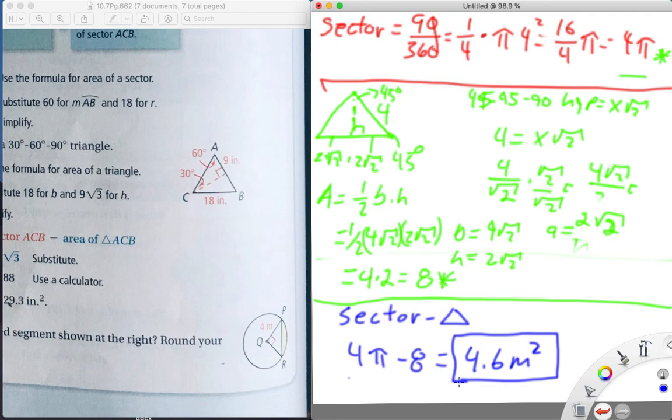They might or might not give you the apothem. You probably have to find the apothem, and then that'll help you find your third side. If your third side is the base that you're looking for, you're going to have to double that, because that side is always going to be half of the cutting part of the apothem. Once you find the area of your triangle, you subtract that from your sector, and that's going to give you the area of the segment.